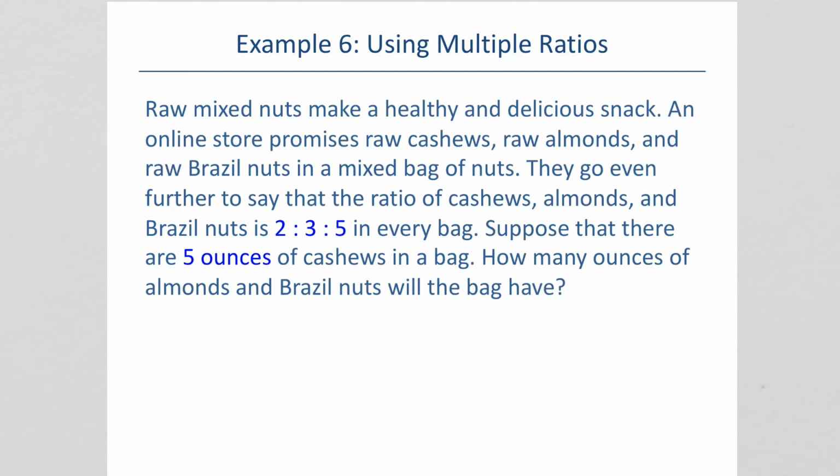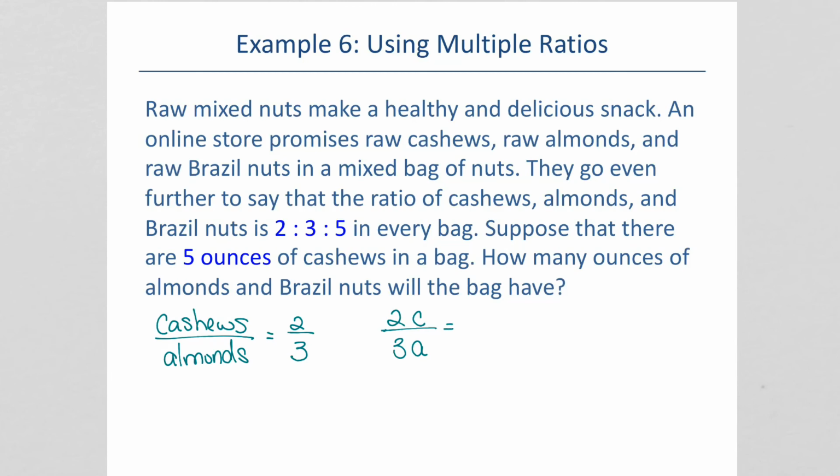So, as far as almonds are concerned, we've got cashews to almonds, that was the first and second, which is 2 to 3. So if there's 5 ounces of cashews, we can find how many almonds there are. We've got 2 cashews, we'll just call that C, for 3 almonds.